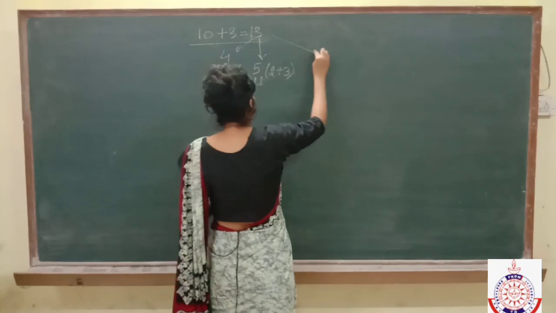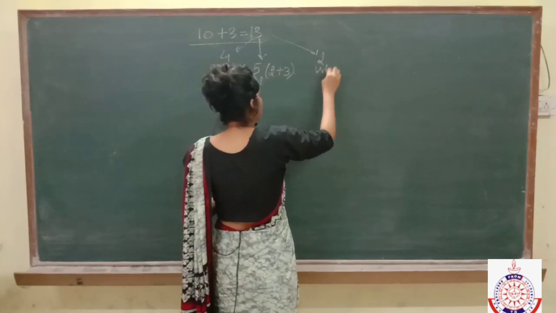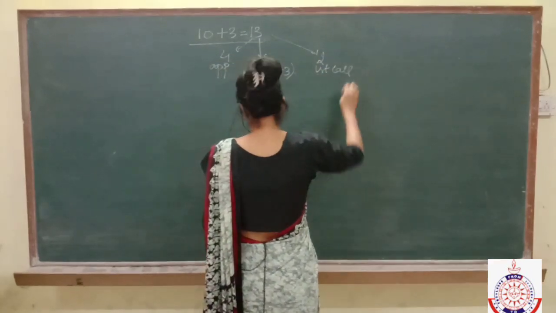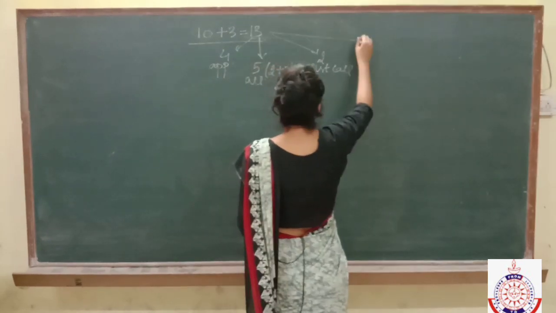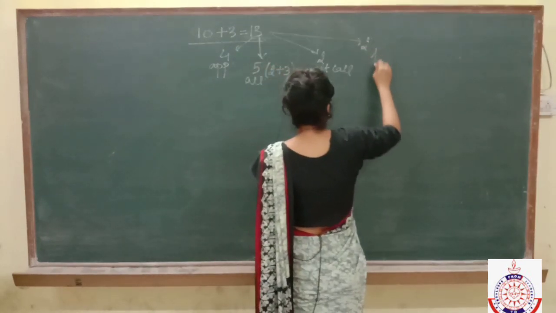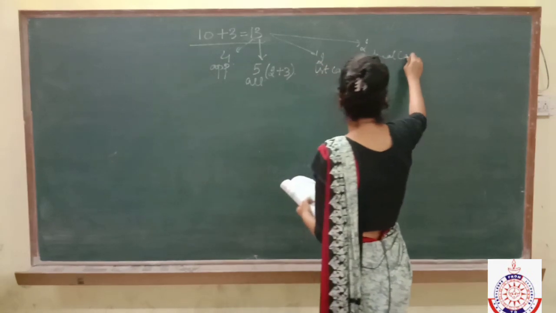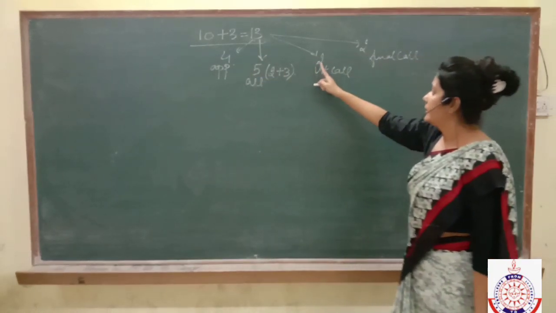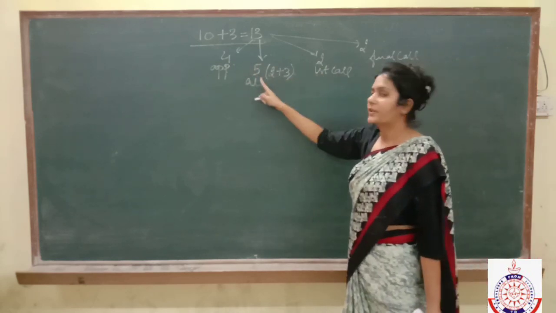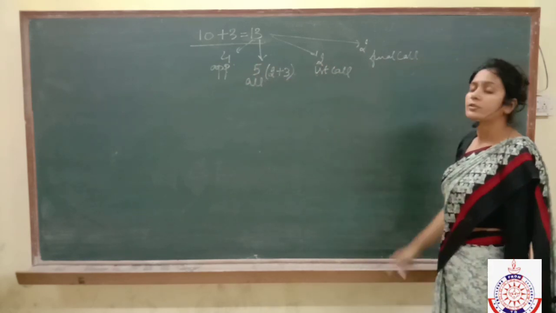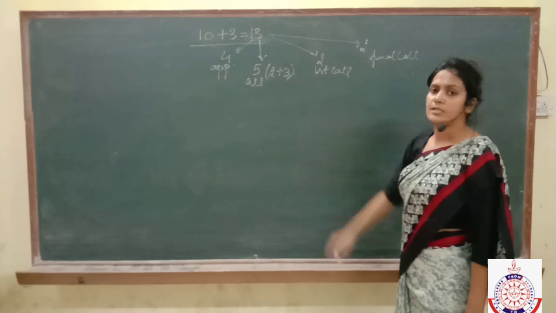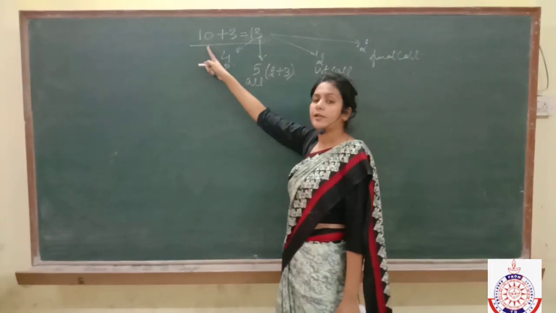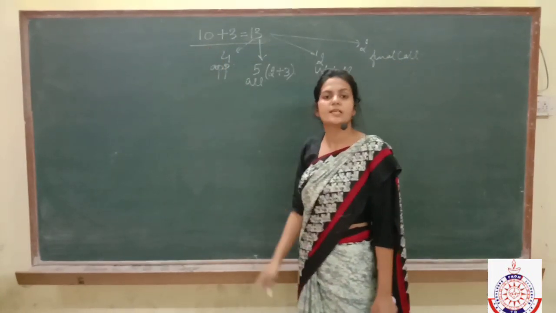Then on first call they are calling rupees 2, and on final call also 2 rupees has been called. So total is 4 plus 5 is 9, 9 plus 2 is 11, 11 plus 2 is 13. So total becomes 13. But the actual face value of the share is rupees 10 only.